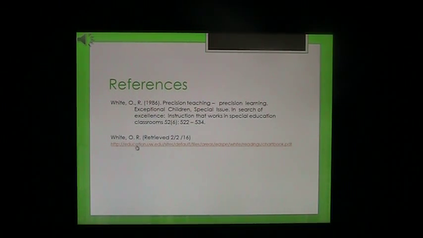And finally, this is a link here at the bottom where you can actually access the chart book that I found online through this professor at the University of Wisconsin. So that's where I read about acceleration charts.